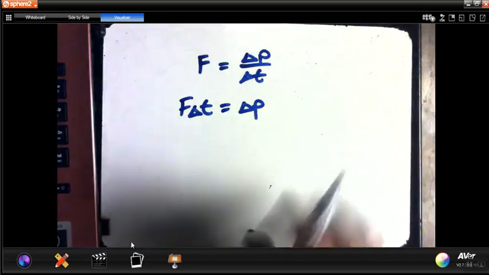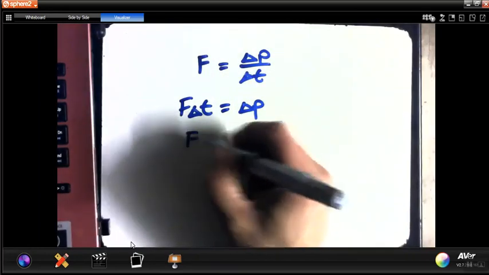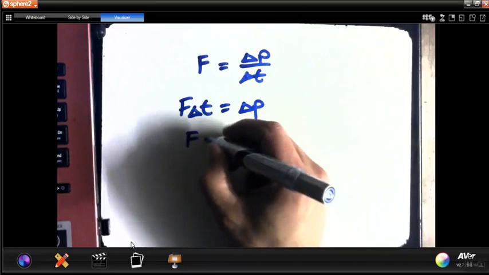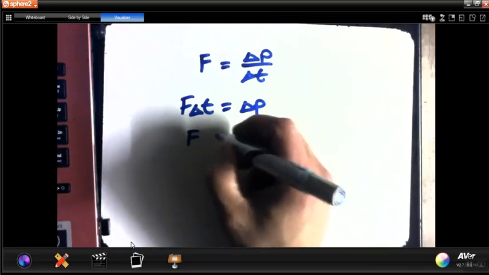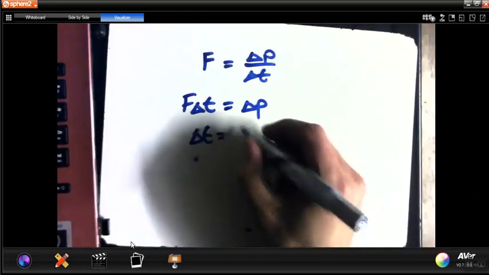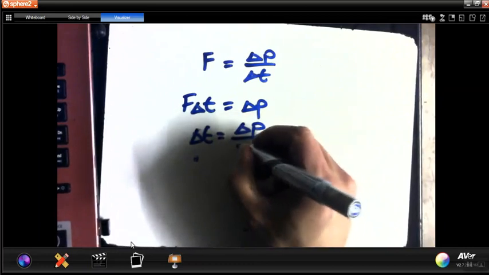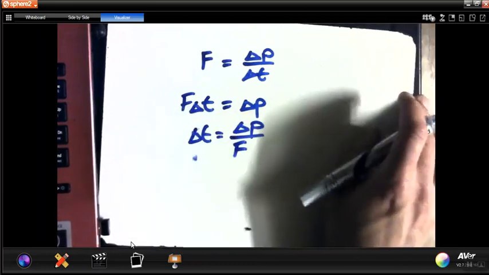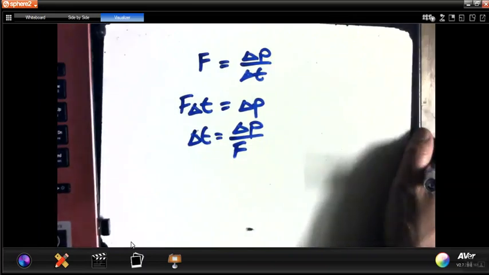It also helps us if I've got the force and I have the time. If I want the time, and I know the change in momentum, the mass, the initial and final velocities, and I have the force, I can calculate the time for which the force was acting.